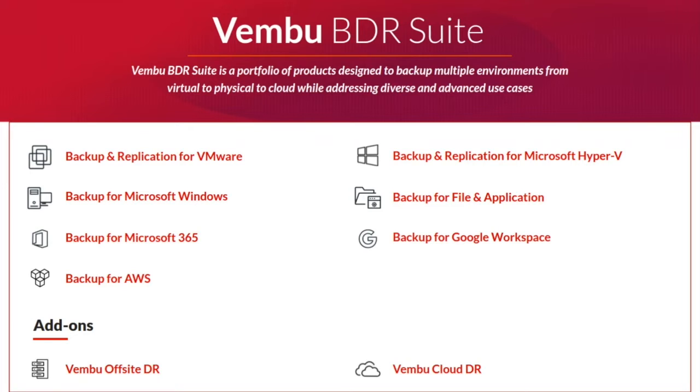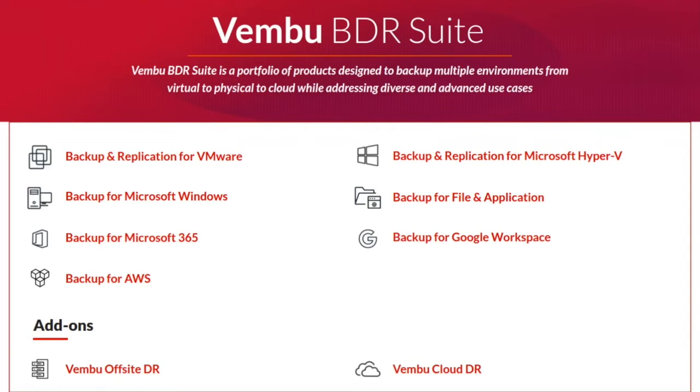Offsite DR of Wembu and Wembu Cloud DR. Offsite DR is similar to a BDR backup server. You just need to install it in your on-prem or your cloud environment. If you have a cloud instance, you can install this Wembu Offsite DR server over there, and you connect that with the Wembu BDR server. Once that gets connected, you will have a secondary copy of your backup data stored in your offsite location.